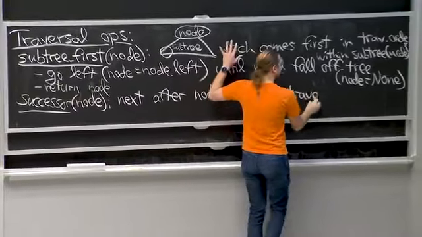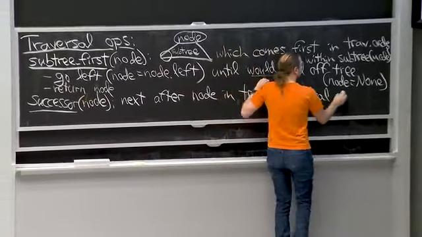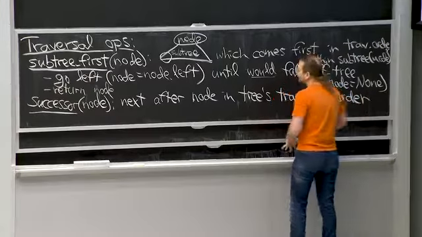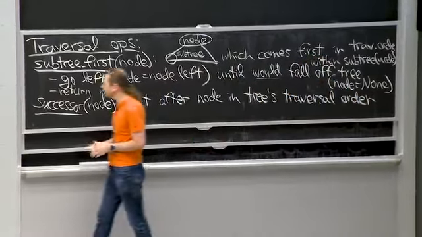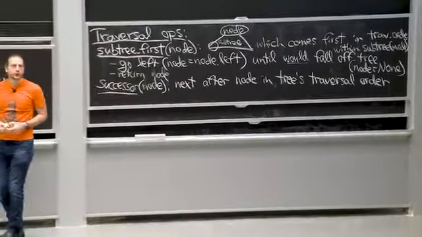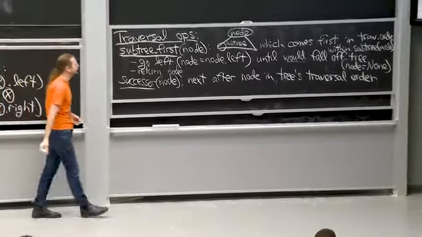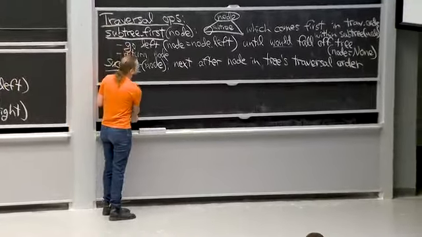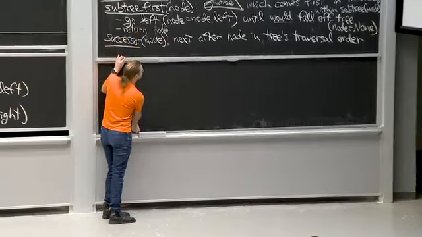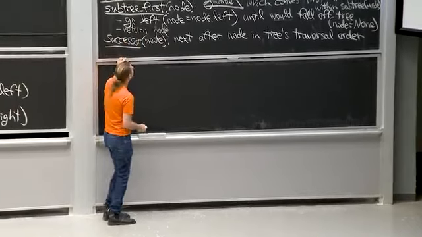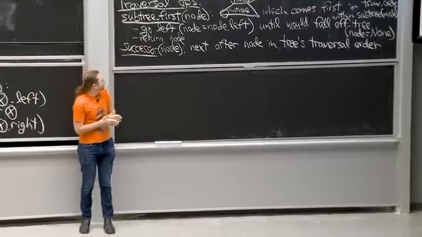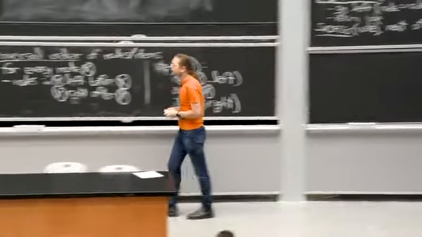Okay, here I was restricting to a single subtree. Now I'm thinking about the entire tree and the entire traversal order. And given a node, I want to know which one comes next. Call this the successor. I feel like I should make some kind of royal family joke now, but I don't know how. So every node has a unique successor.